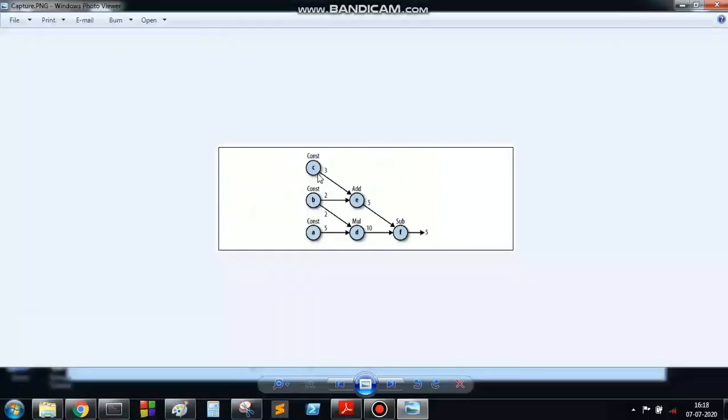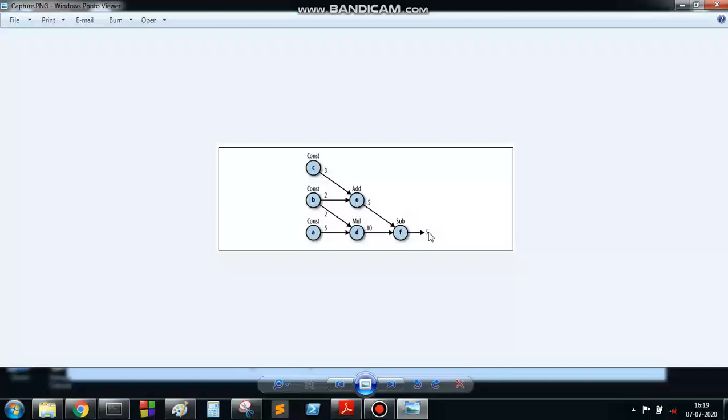Here I am going to create 6 nodes, and 3 are inputs: A, B, C are the three nodes, from where E performs the addition of C and B, and the result is fed to node F. Similarly, D performs the multiplication of B and A, and the result is fed to node F, and node F takes the outputs from E and D, subtracts D from E and gives the result.